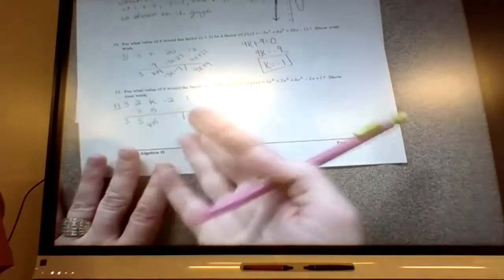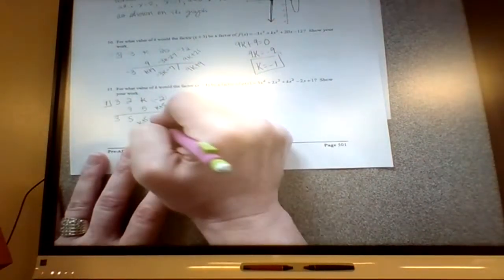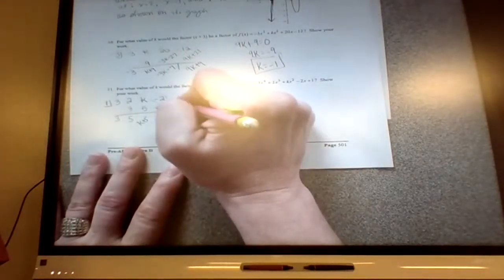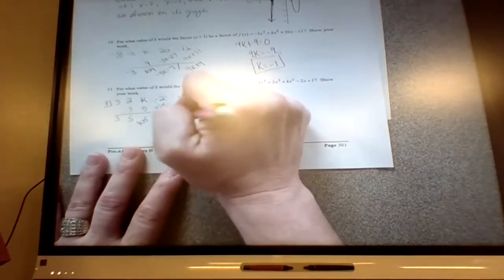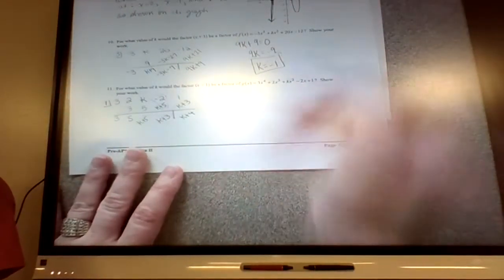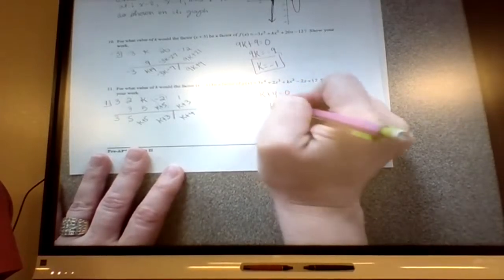But luckily, you just have to multiply it by 1, so you don't really have distributive property to mess up. These are your like terms. So that's going to be k plus 3, k plus 4. And k plus 4 has to equal 0. So that means k is negative 4. This is the easiest one. That was a pretty easy one.